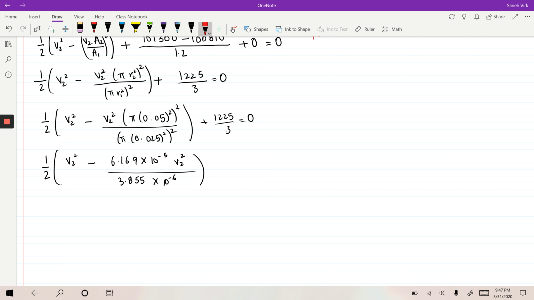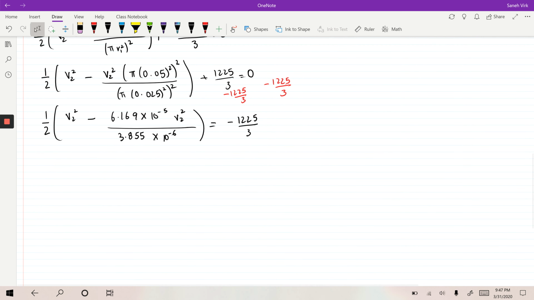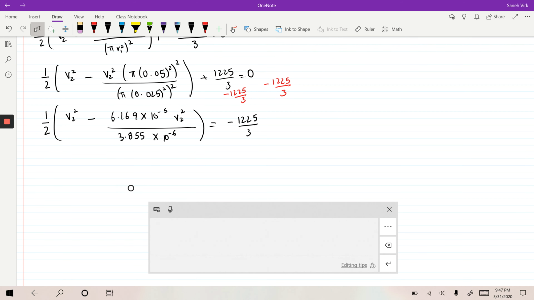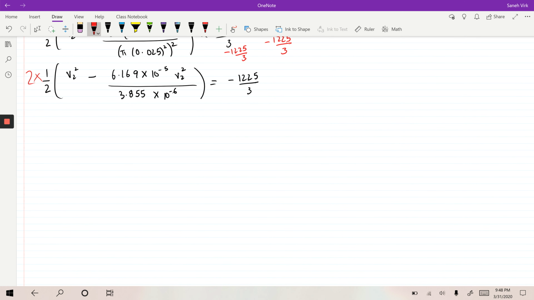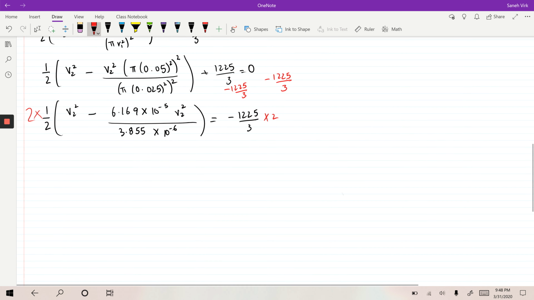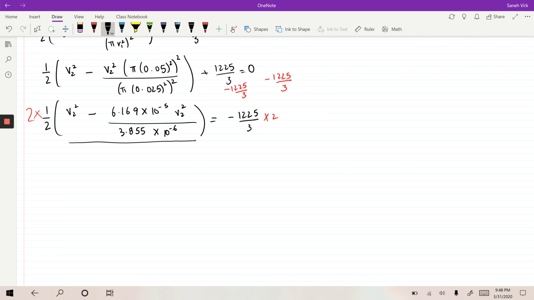I'm going to subtract 1,225 over 3 from both sides. That gives you negative 1,225 over 3. And then I'm going to multiply 2 by both sides. So you're left with, we're going to take the least common denominator for this.